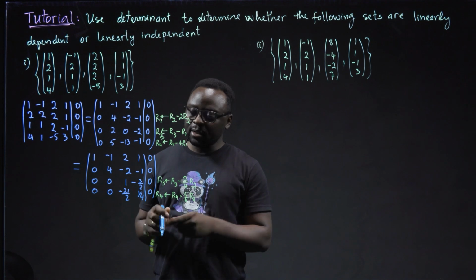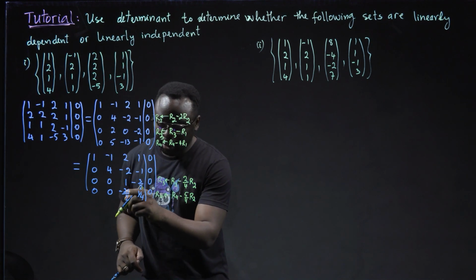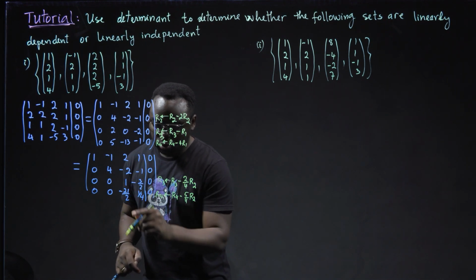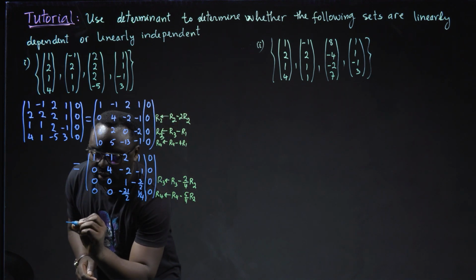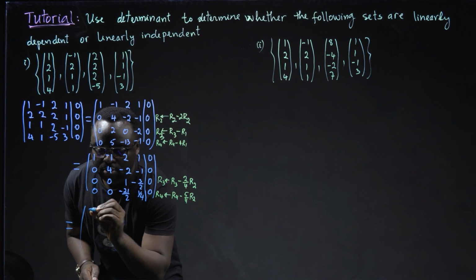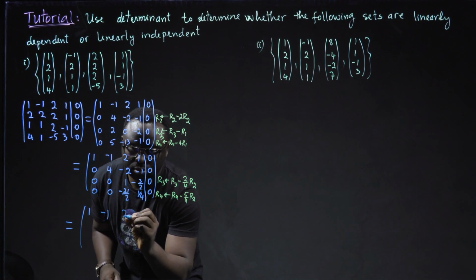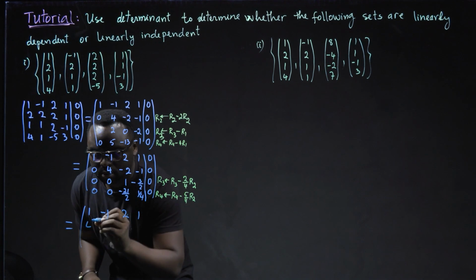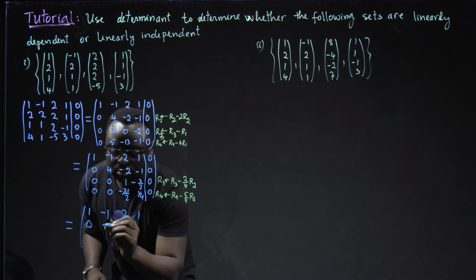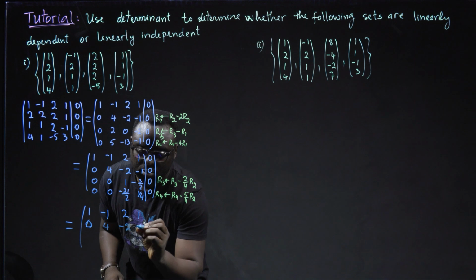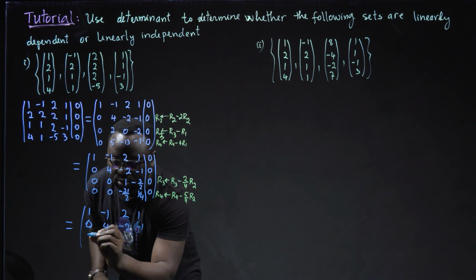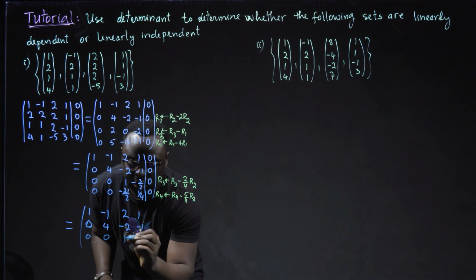And lastly, we want to get rid of this minus 21 over 2. We first repeat the matrix. We write the first row is minus 1, 2, 1. Second one, 0, 4, minus 2, minus 1. The third row does not change.